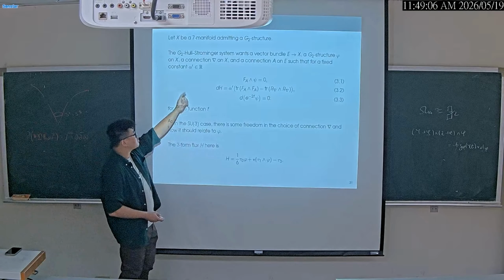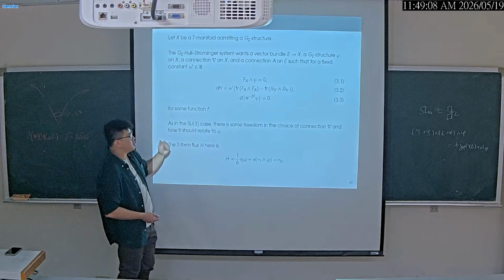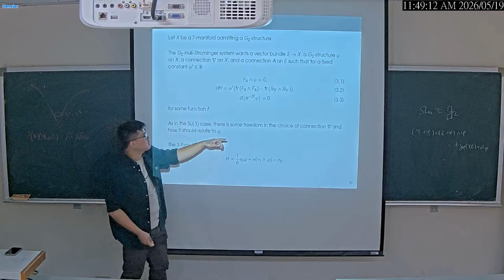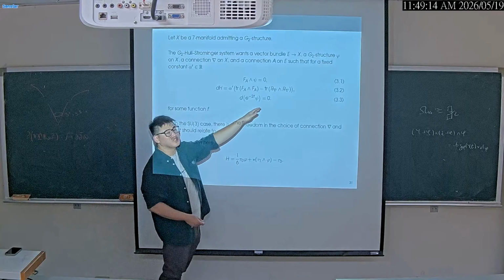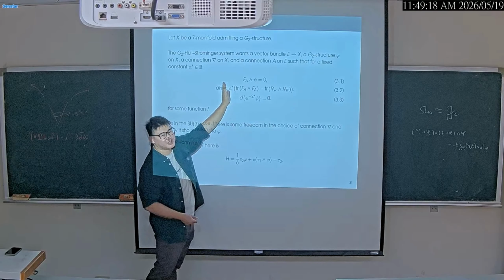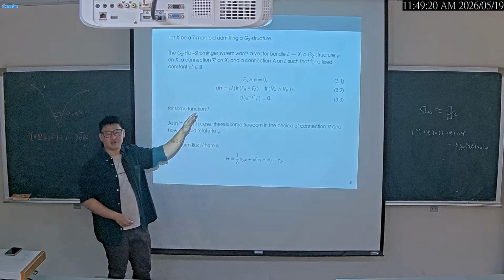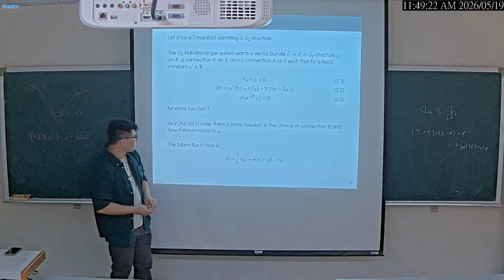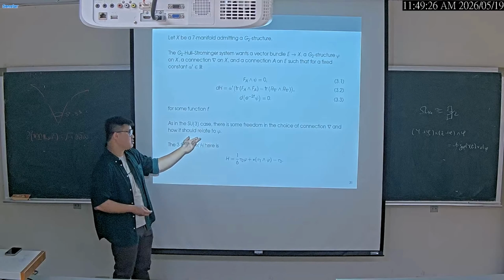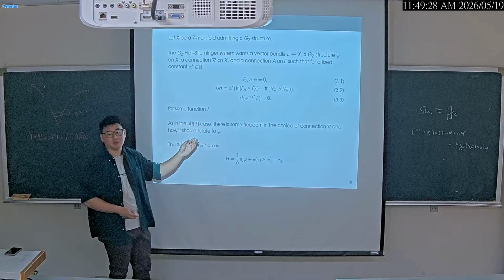Before, I chose the connection to be a Chern connection, but I said there was freedom to choose any connection as long as it's unitary. Here, I'm not setting a specific connection because I'm only going to look at alpha prime equals 0 and forget a lot of information. But in general, there's freedom to choose the connection in some way.